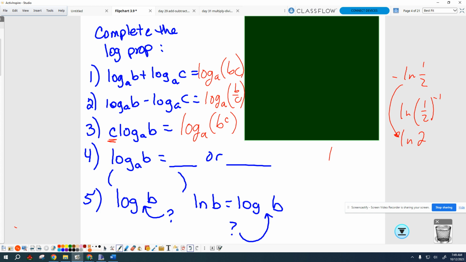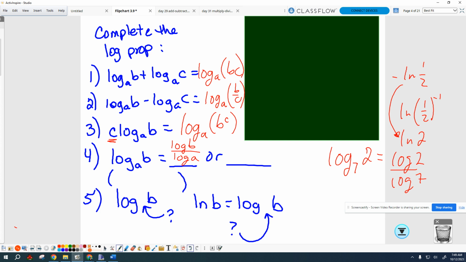Does anybody remember how you would type that in on a calculator, given that you don't have a TI-84 and know how to do the change of base? Cecilia, what do you do? Log of 2 over log of 7, not base. Base goes in the basement. So log b over log a.